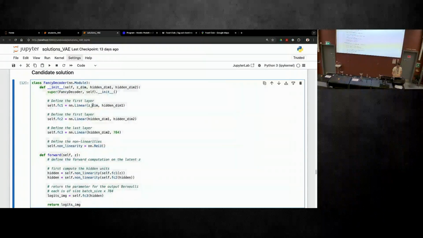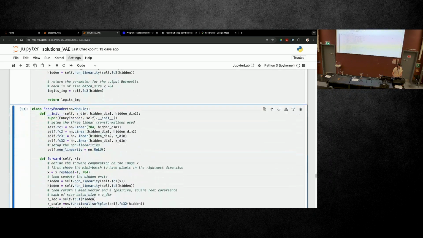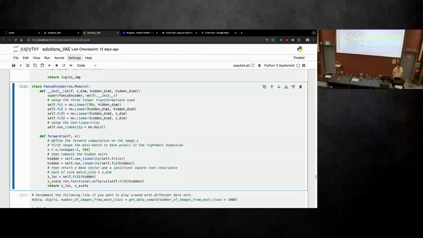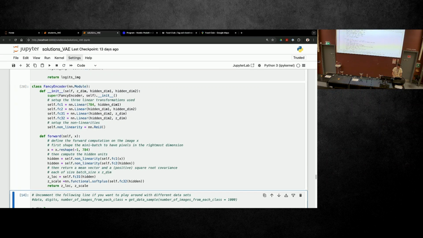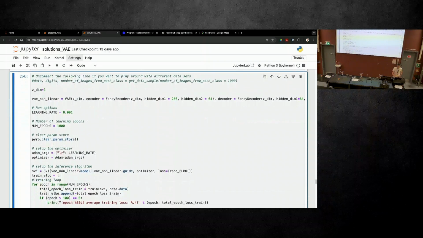You can find the specifications of the models, the encoder and the decoder network, here. Let's just run this, and we have our fancy encoder. Again, no point in going through the code because it's one-to-one with the network specification that you had on the slides. And now we are ready to do the learning.